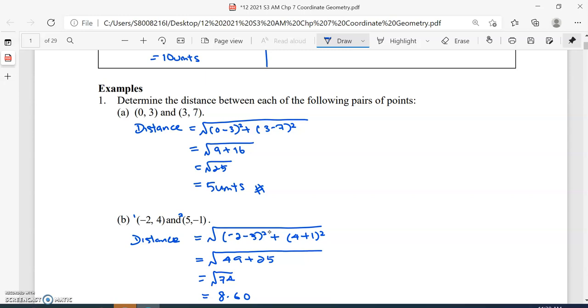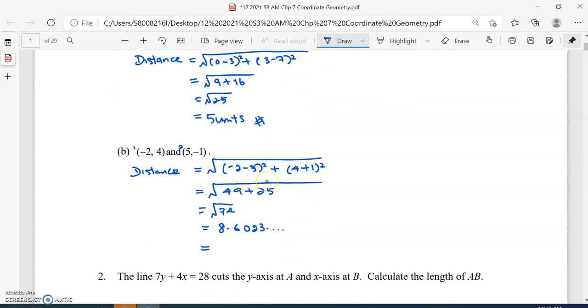Let me check. 8.6023. And this is a distance, so I'm going to round it off to 3 SF, 8.60 units in 3 SF.